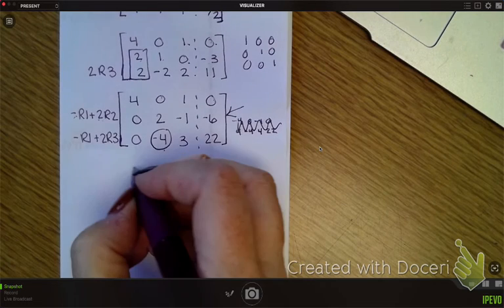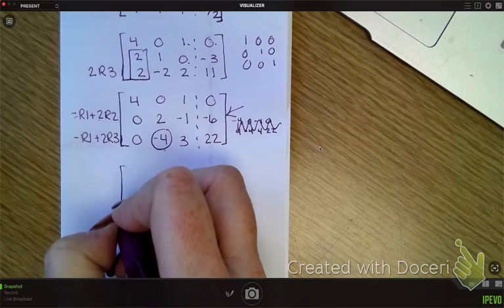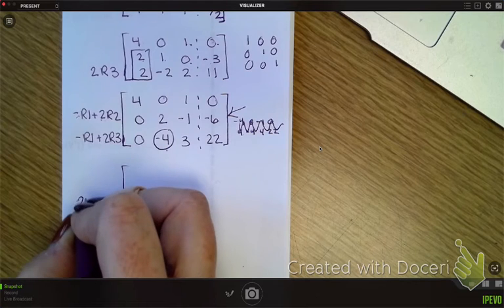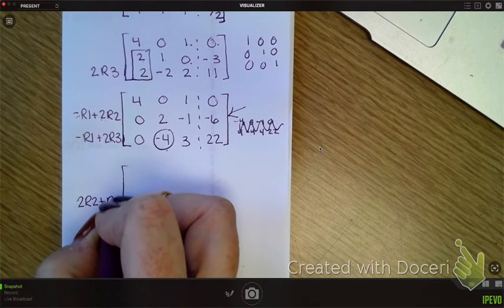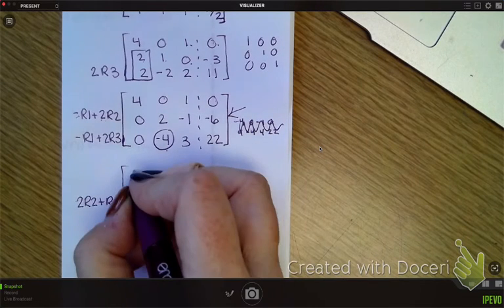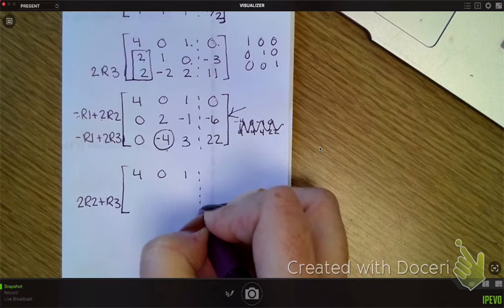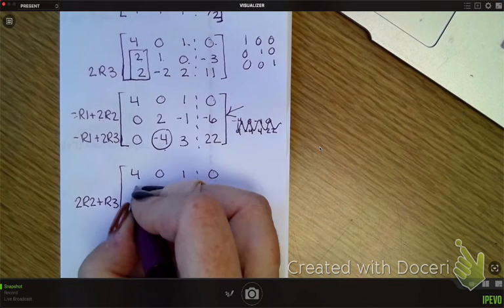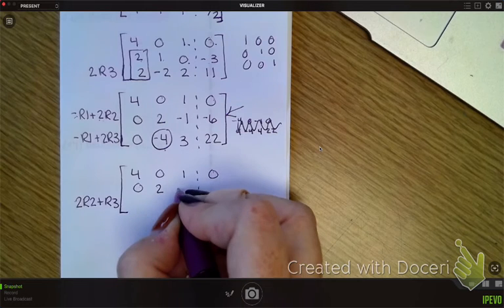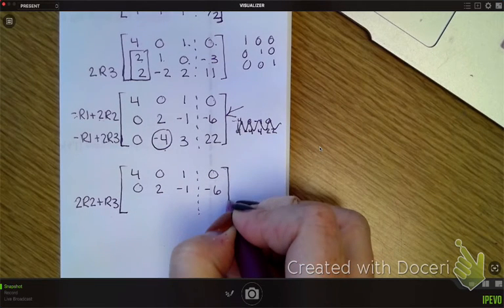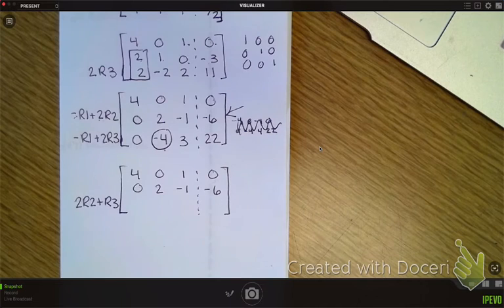So times row 2 by 2 and add it to row 3. Am I going to change row 1? No. So I'm just going to write it down so I'm not tempted to change it. Now, when I first started teaching this, I was always tempted to change those rows. So if I write them down, I'm not going to change them, right?